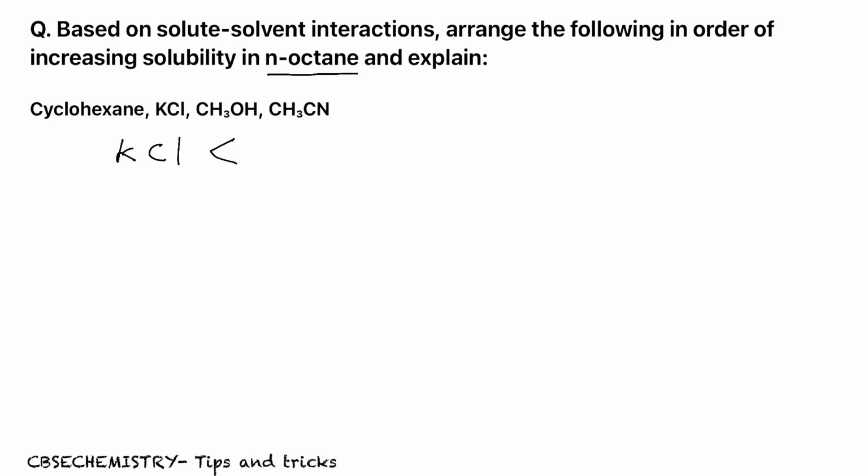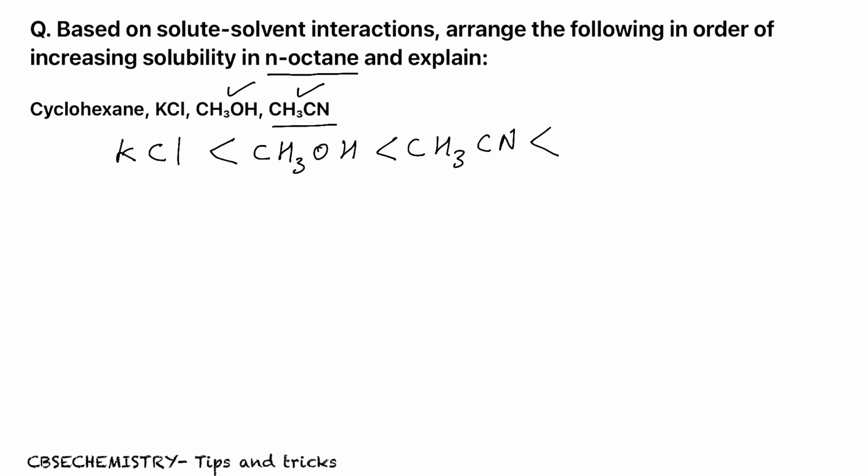Now we have CH3OH and CH3CN. Due to the presence of highly electronegative oxygen connected to hydrogen, the polarity of methanol is very high compared to acetonitrile. As the polarity increases, solubility will be less. So the solubility of methanol will be lesser than the solubility of acetonitrile.